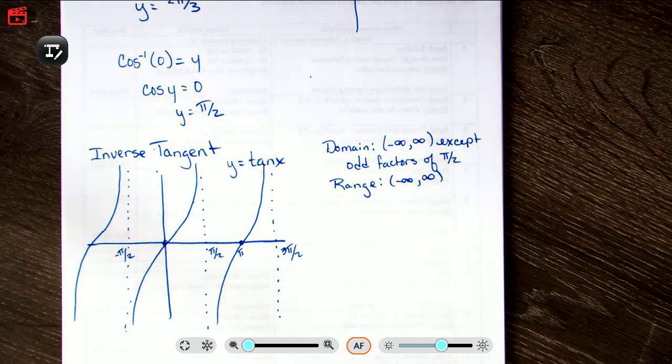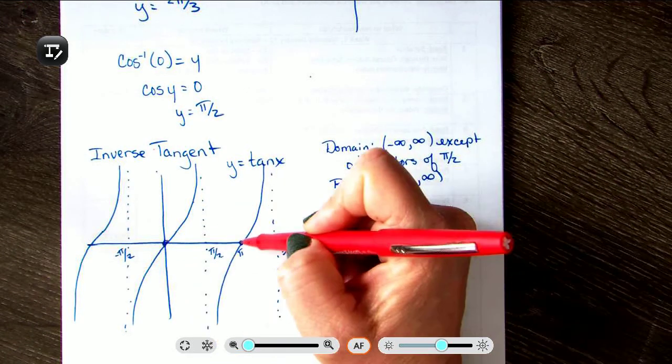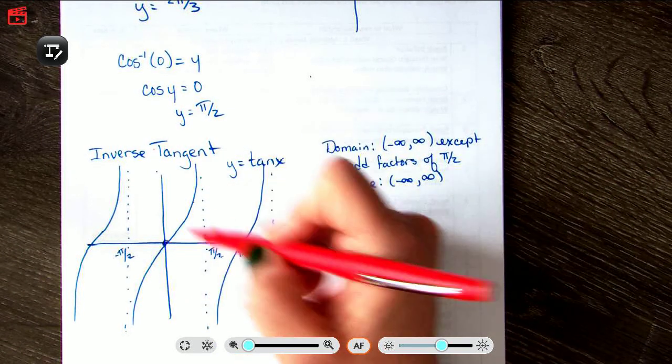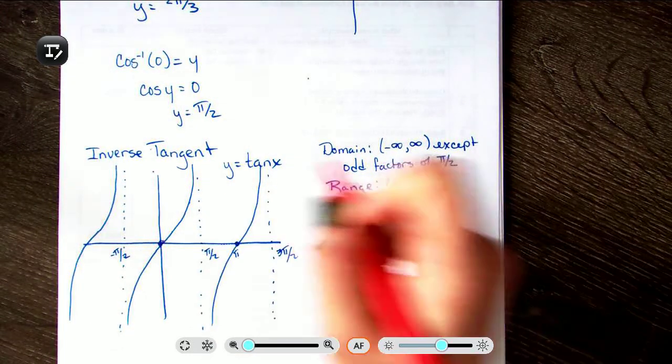And they could have chosen a lot of different places to create the inverse function. We could have restricted it from 0 to pi. Here's this piece and then this piece. But that's not the typical restriction that they look at.